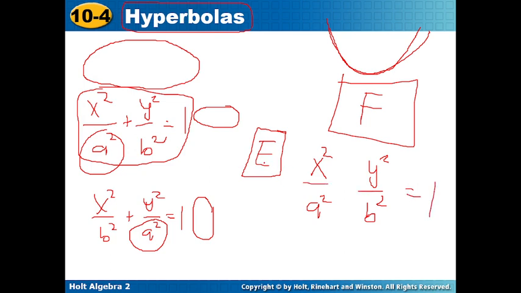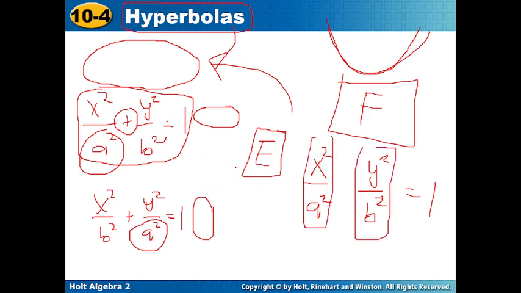The difference between the hyperbola and your ellipse is that when you see an ellipse, the operation is positive. While in hyperbola, the operation between these two fractions is subtraction.